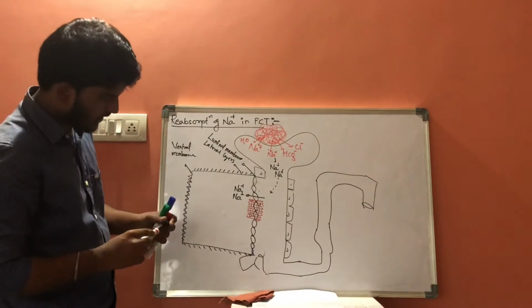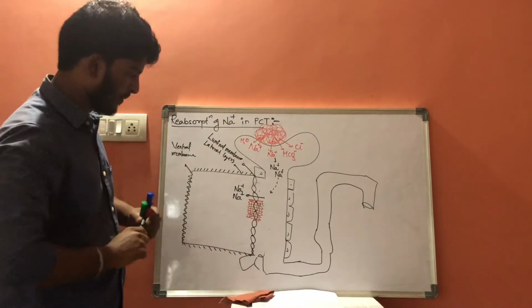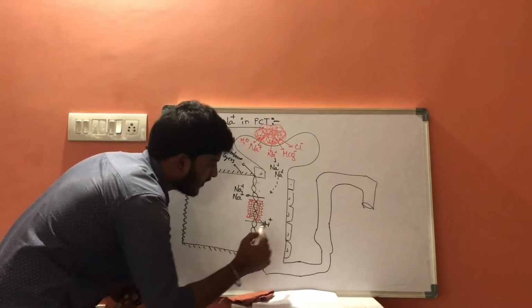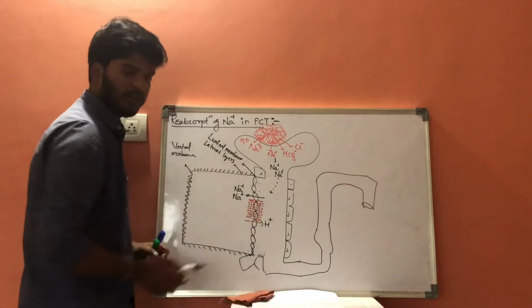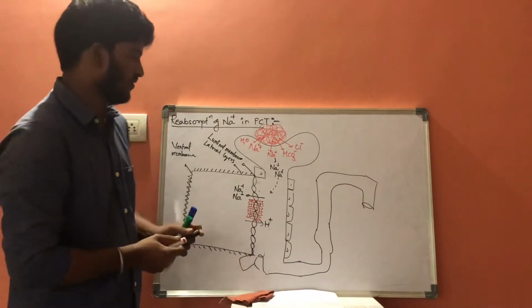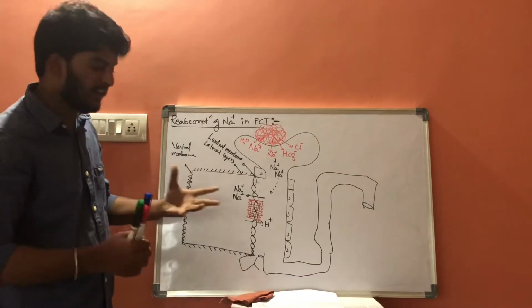With exchange of these sodium ions, one important point to remember is it will excrete the protons. That means there will be influx of sodium ions and efflux of protons. The name of this enzyme we'll be discussing later.